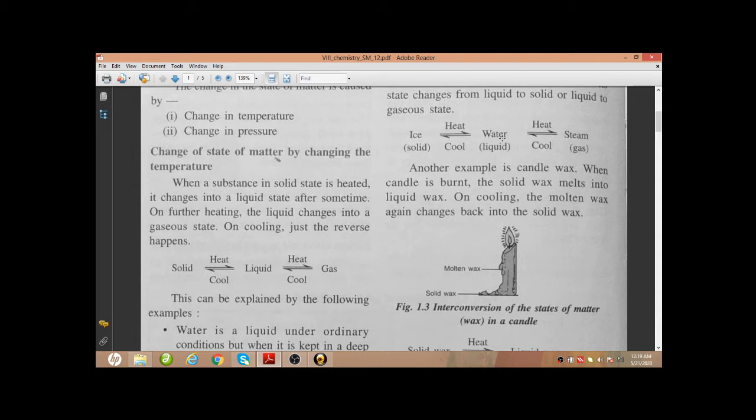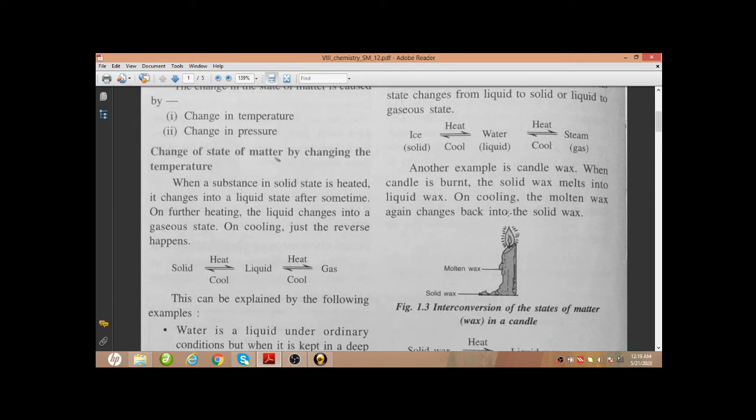So we will be getting water, the liquid form of it. Again, from water we will be getting the steam or gas, which is the gaseous form of water, by the same heating process. Again, if we go the reverse process, that means from steam, if we cool it down, we will be getting the liquid form, that is water, and from water we will be getting the ice form of it.